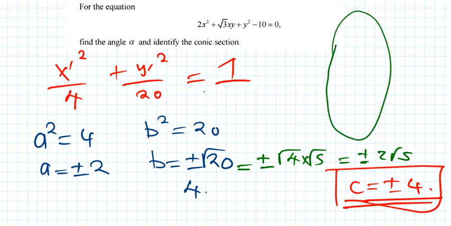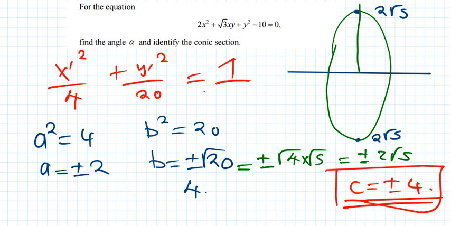So the biggest value we have is the root of 20, or 2 root of 5. So that's going to represent the vertices, 2 root of 5 and negative 2 root of 5. So that's the y coordinate. Okay, assuming this is along the x or y plane. Okay, of course in the new coordinate system.